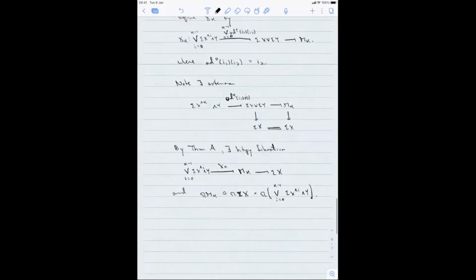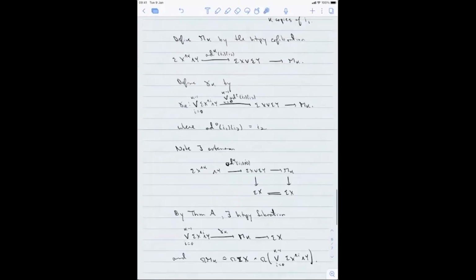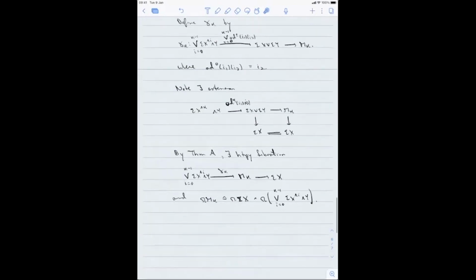So this mk is an example of a two-cone because you've got a map between two suspensions and you've taken its co-fiber. You can find a decomposition for it if x and y are both spheres, then this becomes a wedge of spheres.